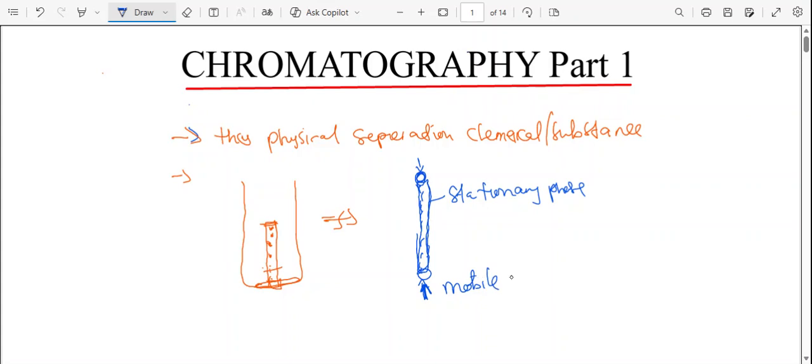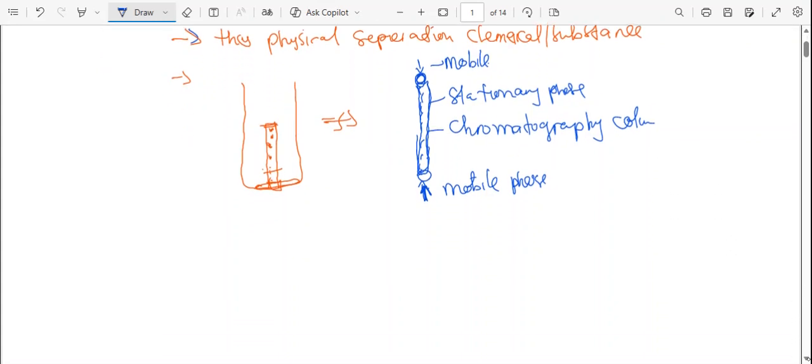Something which is mobile is something that is moving. So this is what we call a mobile phase, and this is a chromatograph column. So these are the things that we'll be finding under chromatography.